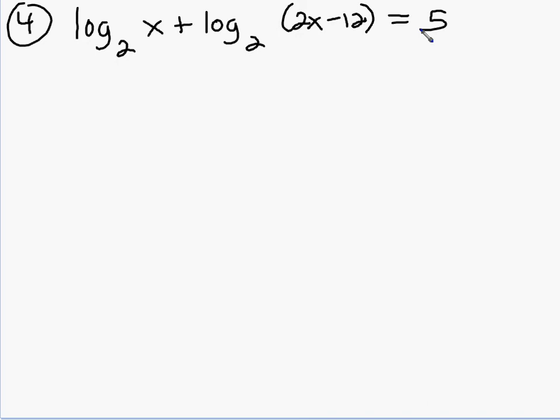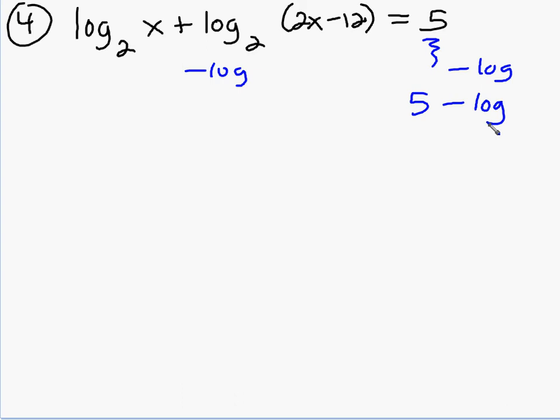Now, on this problem, if you try to get the one-to-one situation, you're going to fail. Do you see why? See this little 5 right here? If I try to subtract this from both sides, I'm going to have 5 minus the log of something.